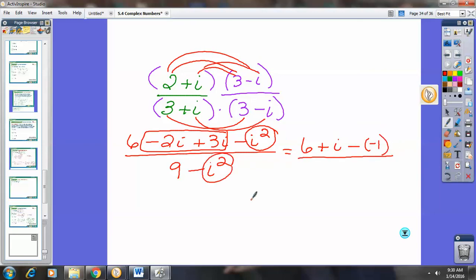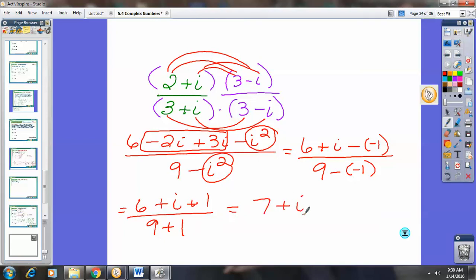Denominator, I can replace that I squared with negative 1. So we have 6 plus I plus 1. So it looks like we have 7 plus I divided by 10.